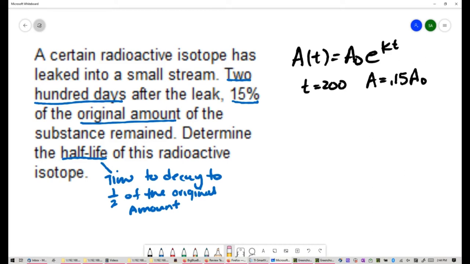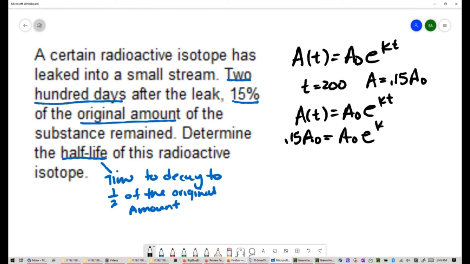So in our formula, A of t equals A naught e to the kt. We have A naught and 15% of A naught and e to the k times 200.